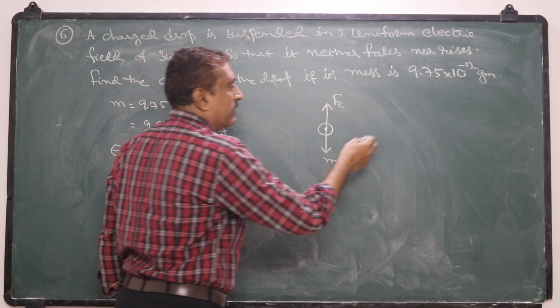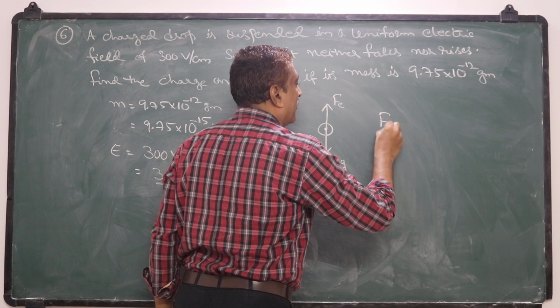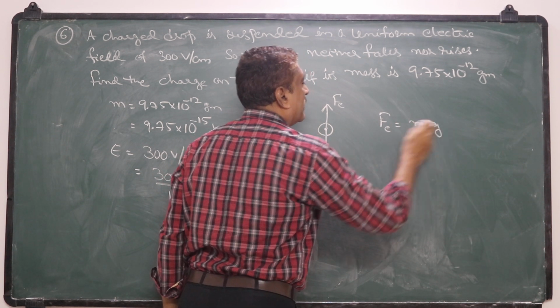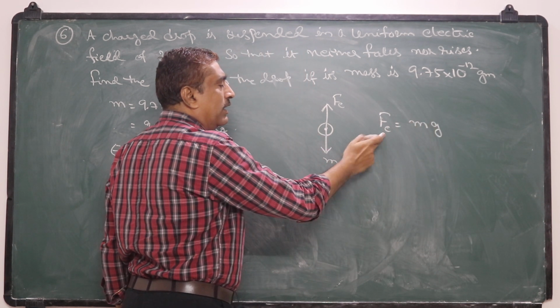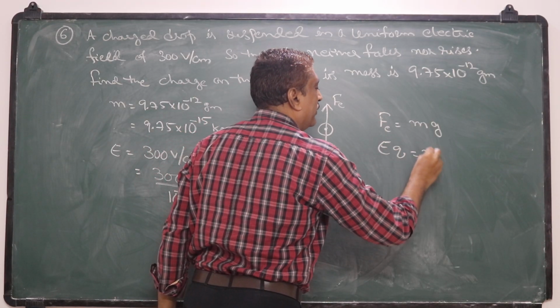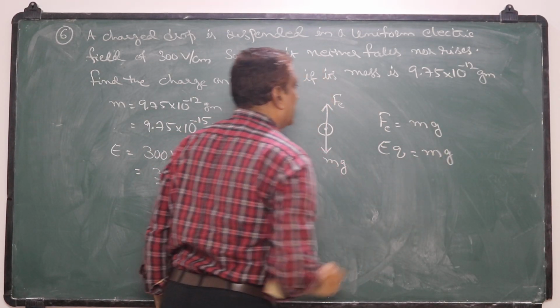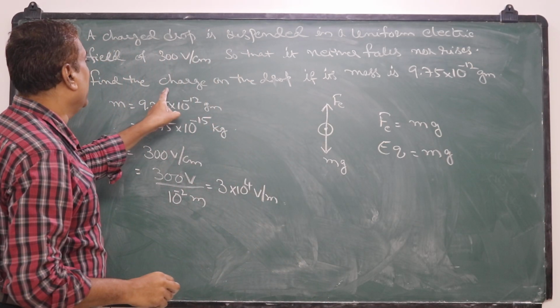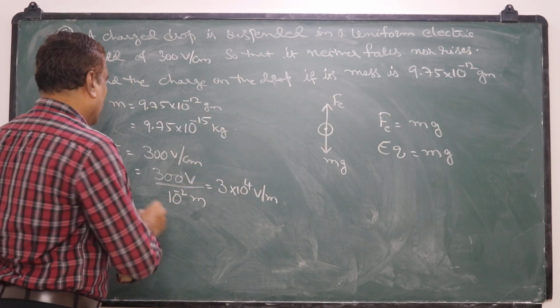So, we can write this equation as Fe is equal to mg, but the force on a charged particle in an electric field is Eq, that is Eq is equal to mg. So, in this problem you have to find the charge on the drop. So, you have to find q.